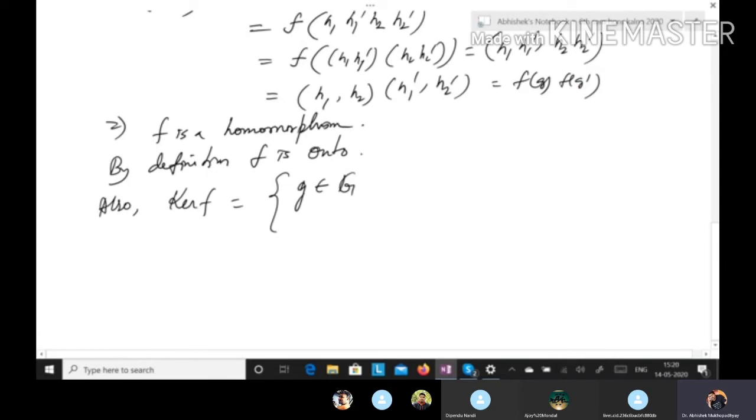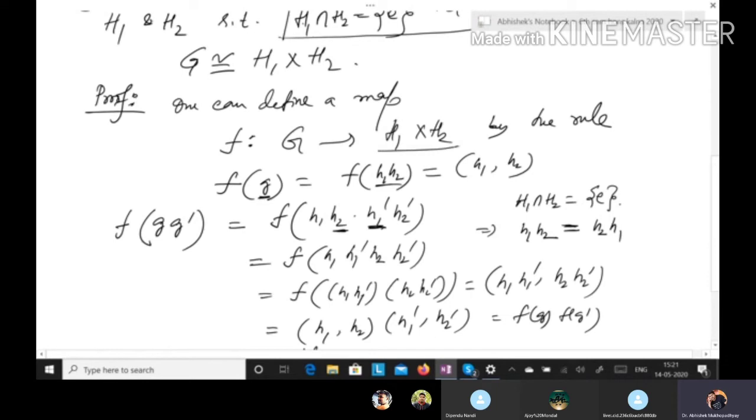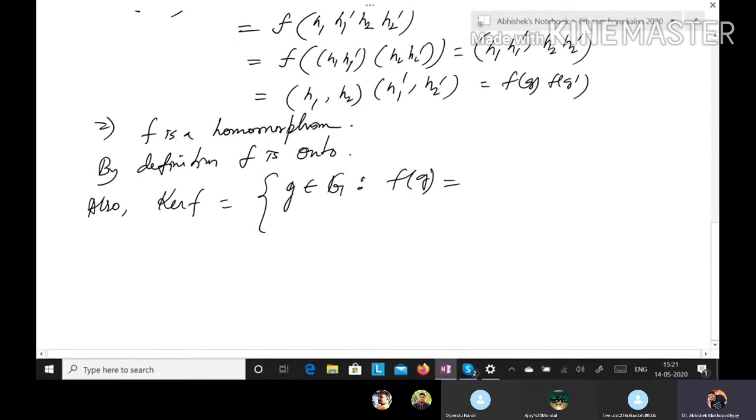So if we want to evaluate the kernel of F, then the kernel of F is the set of all elements g for which F of g is the identity element of H1 cross H2, that is (e, e).